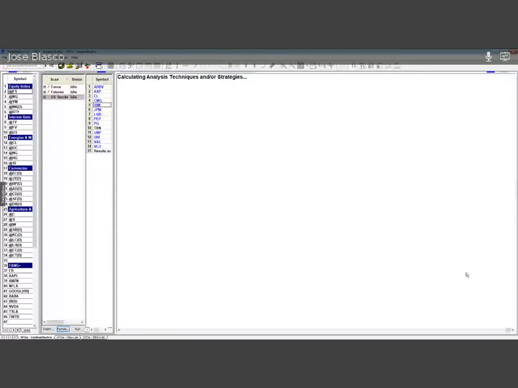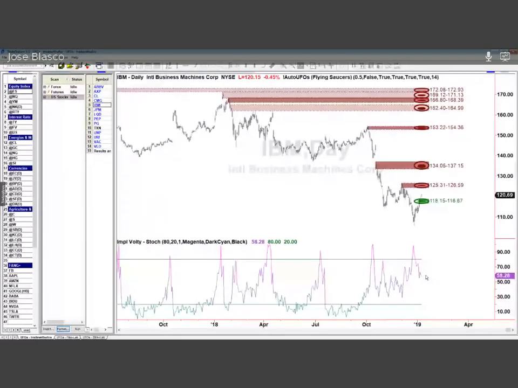So again, long story short, one of the things I've done with the filtering process is look for stocks and highlight only the ones that have options with some level of overpricing in them. Okay, that's the first thing I have done. What is the second thing I have done?